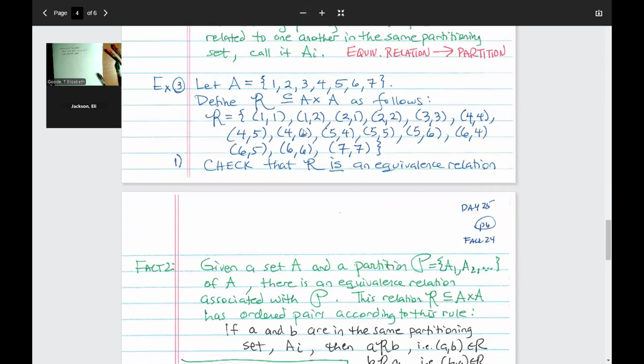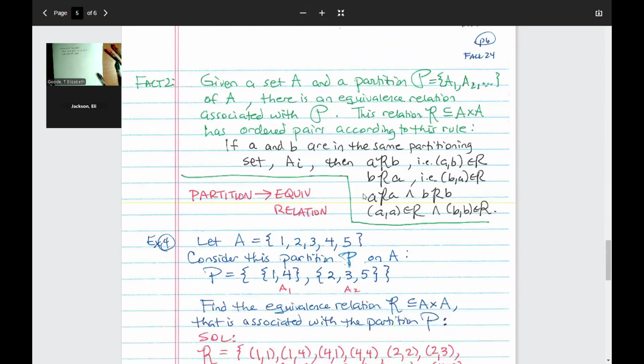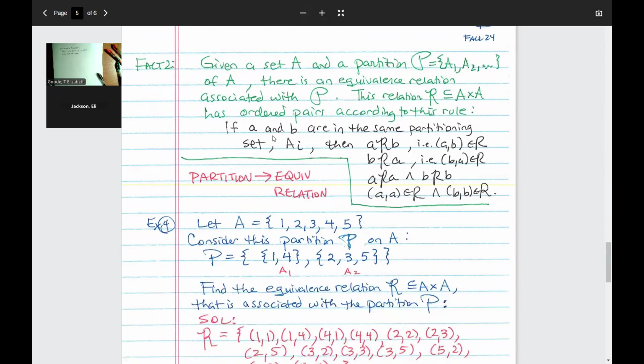Okay, now that makes sense. Oh, great. So we could play the game the other way. If we have a partition, then there is an equivalence relation. We build the equivalence relation by this rule. If A and B are in the same partitioning set, call it A sub i, then we put together all of the possible ordered pairs that show that those elements A and B are related to each other and related to themselves.